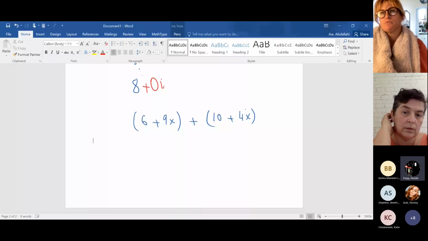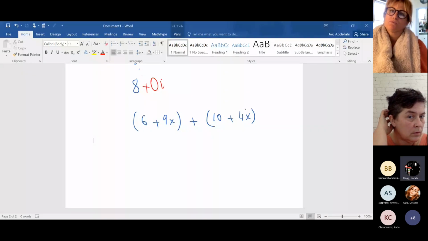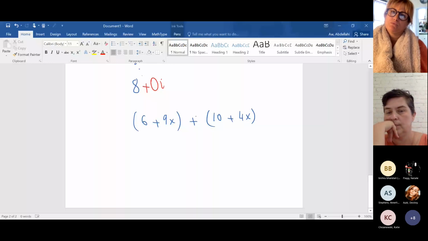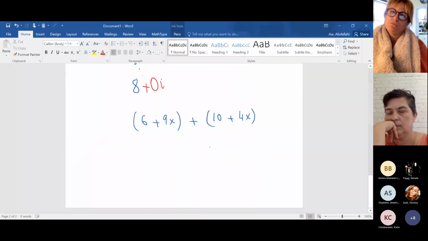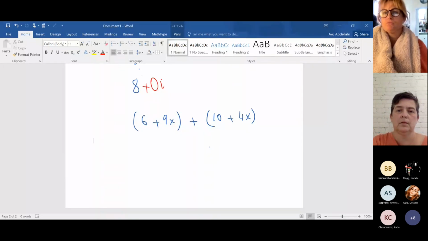We FOIL? No, you have a plus in between, okay? We do FOIL if it was a multiplication, but this is an addition, so we don't need to FOIL. So do we know how to do that, or do we need to know what the nature of x is? No, we don't need to know what it is. Exactly, right?